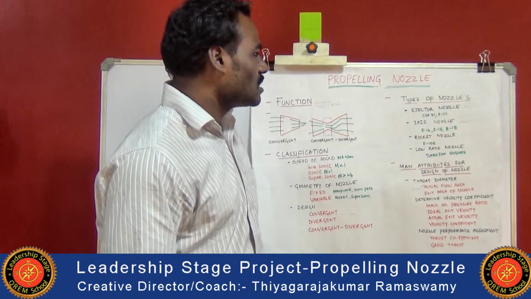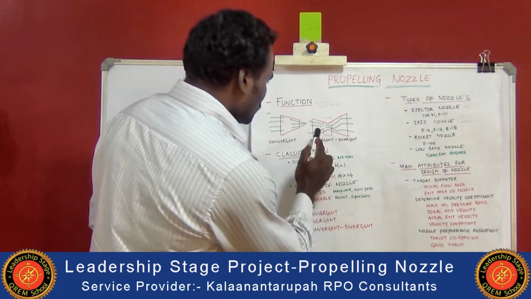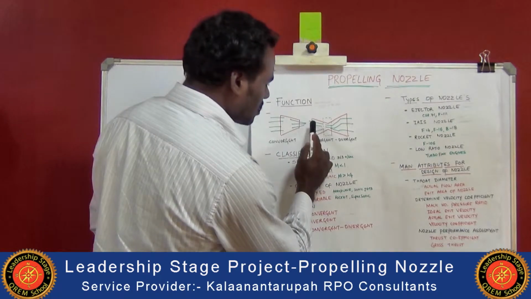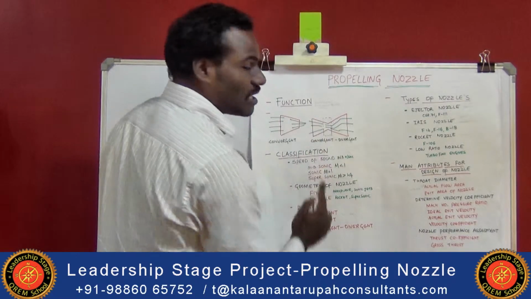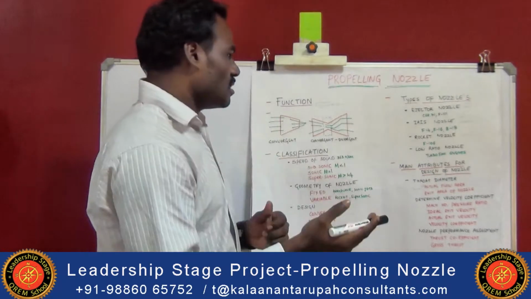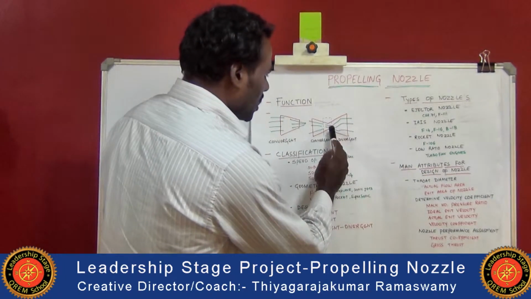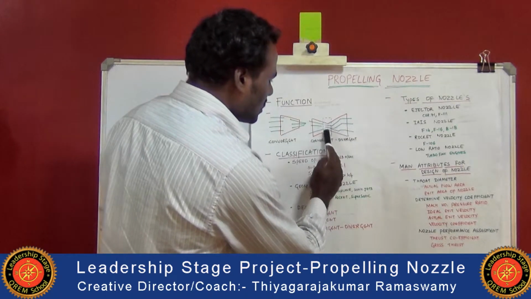At subsonic speed, when the gases are exhausted at this area, they are ejected at a higher velocity and are consistent at this area.